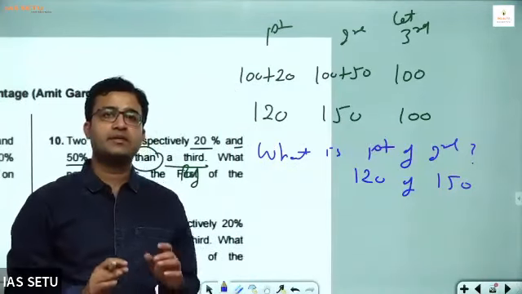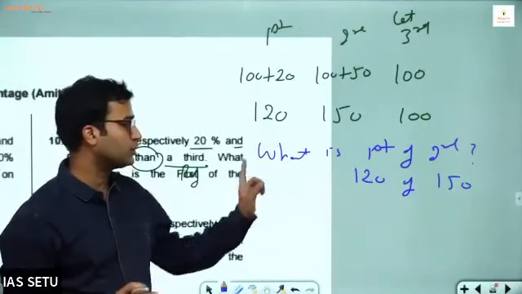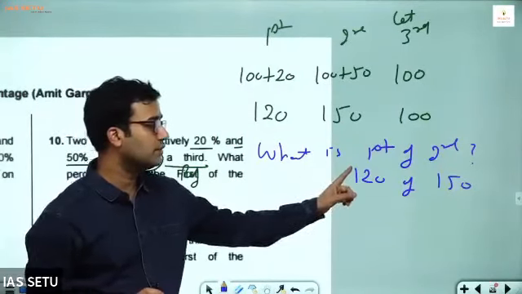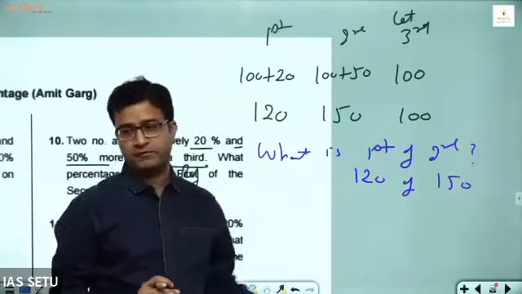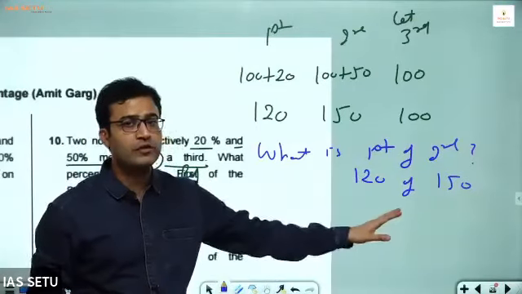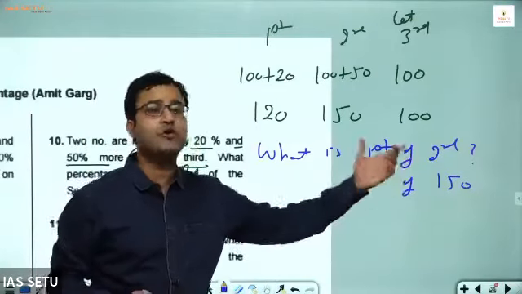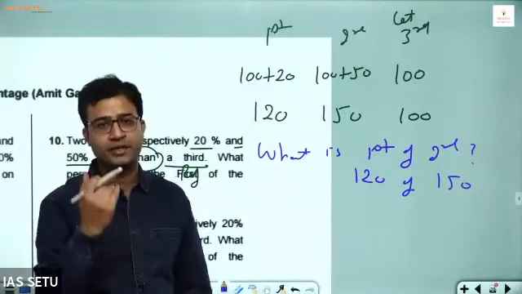See, the examiner plays with the language. Actually, the language of this question is what percentage is the first number out of the second number. 120 out of 150. "Out" हटा दिया examiner ने. 120 of 150 means 120 out of 150. The value after "of" becomes the denominator.